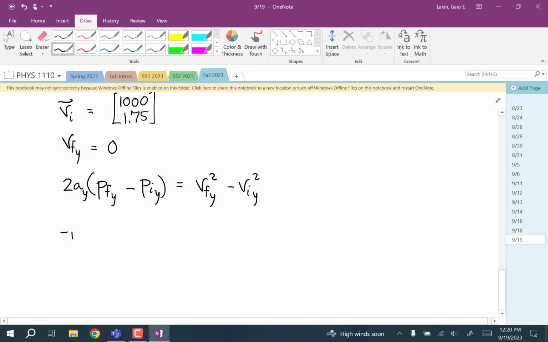So plug stuff in, you get negative 19.62 times the quantity PFY minus 1 is equal to 0 squared minus 1.75 squared.